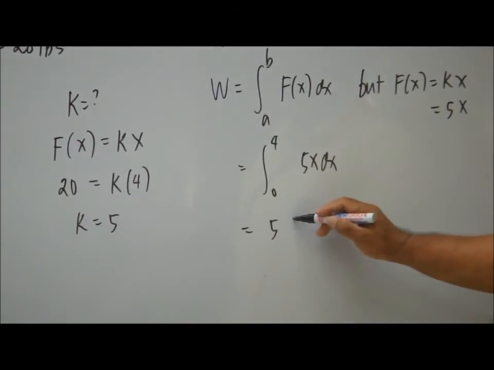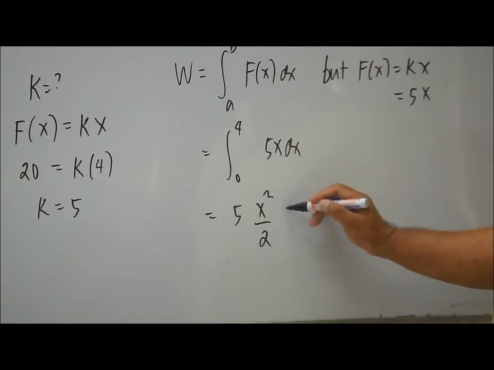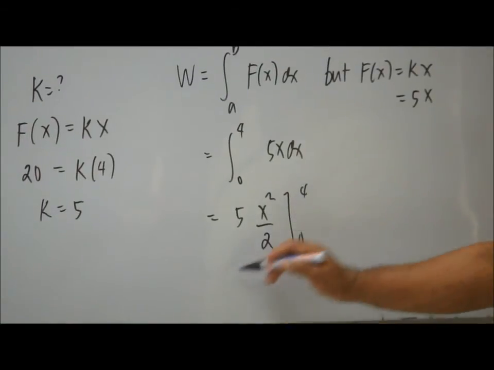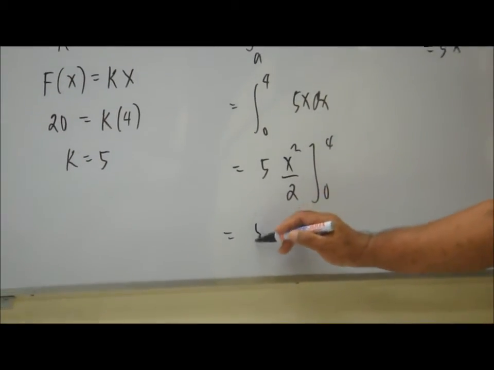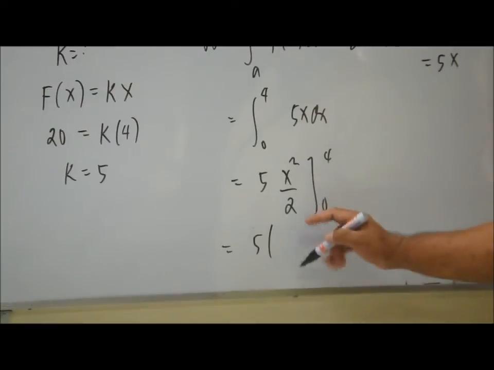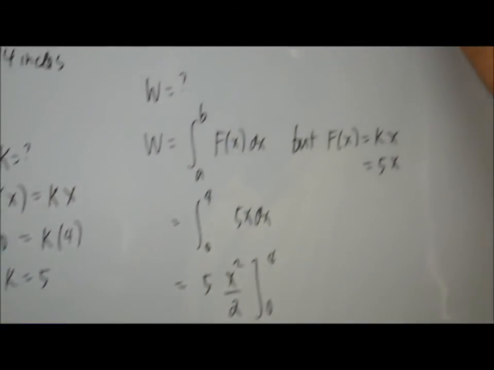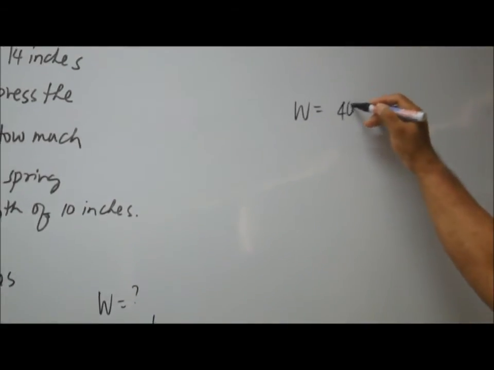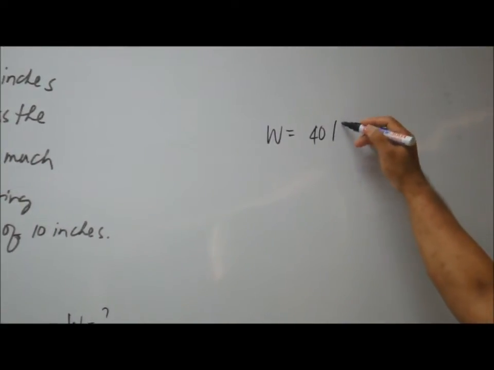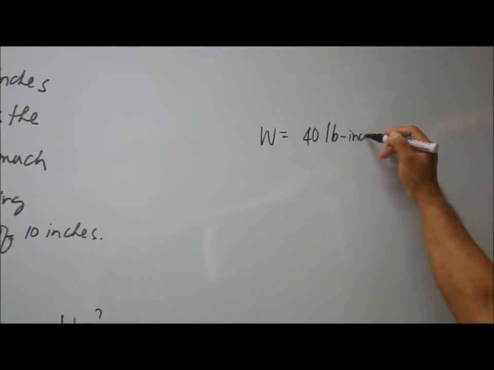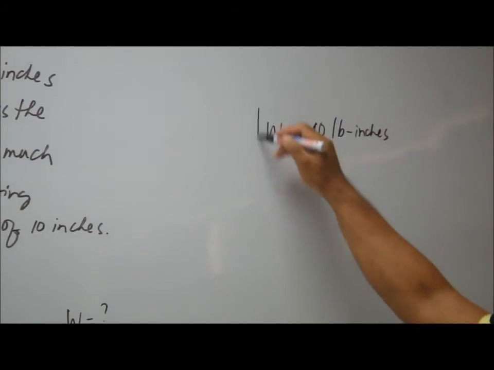Then integrating x dx gives x squared all over 2 from 0 to 4, okay? Then this is now 5, then 4 squared is 16 all over 2, that is 8. So the work done is equal to 40. The unit will be pounds-inches. Okay?